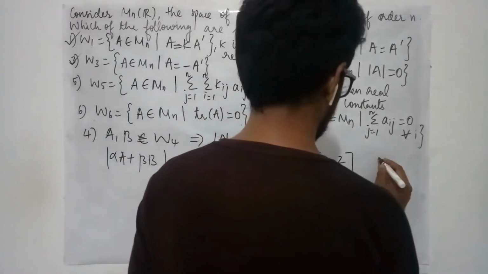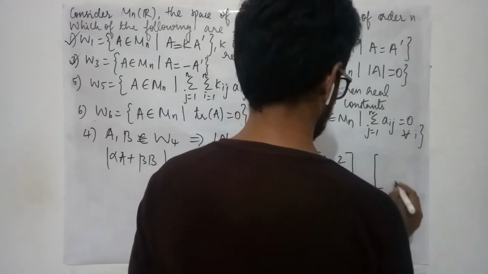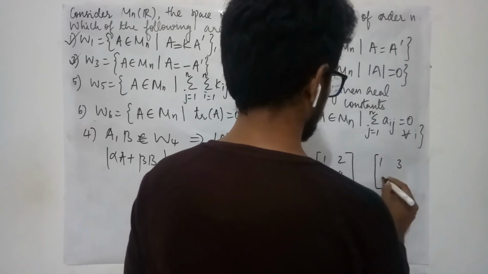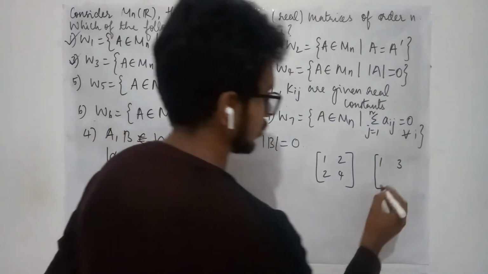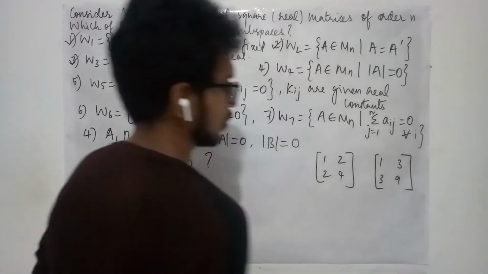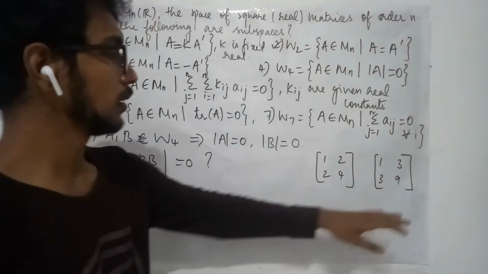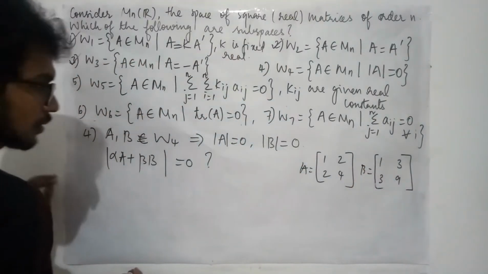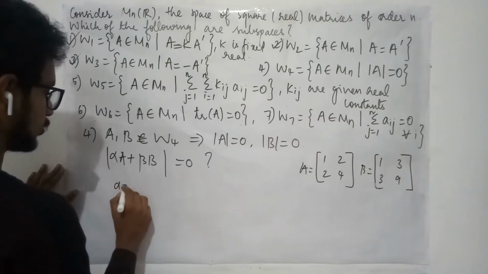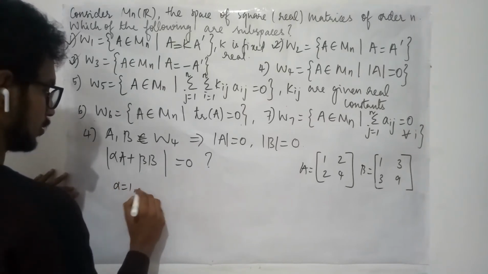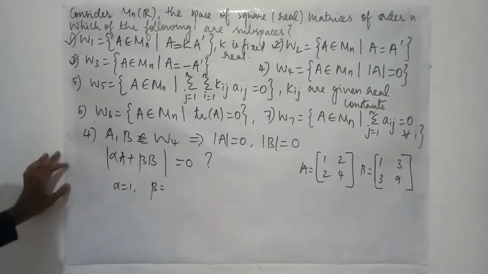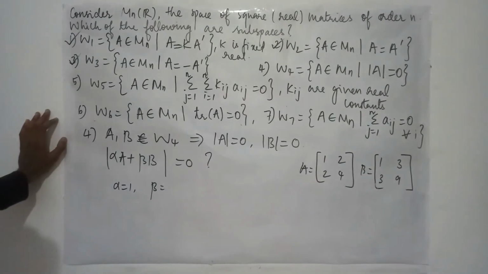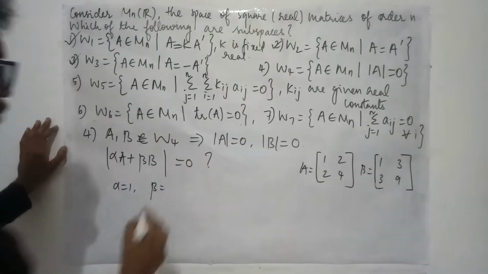This is also going to give you determinant 0. Let this be my A and let this be my B. Let me choose alpha to be 1 and beta also 1.